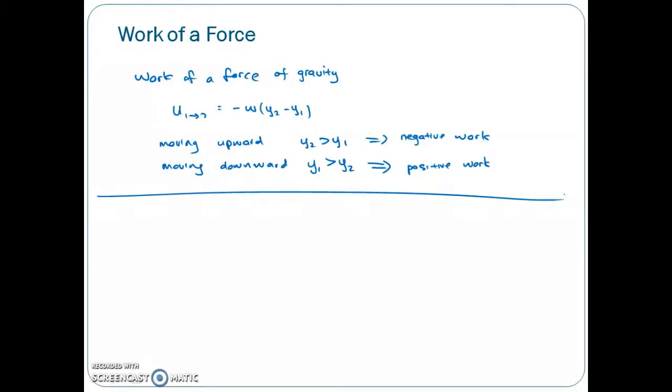Next, we also learn the work of a force exerted by a spring.